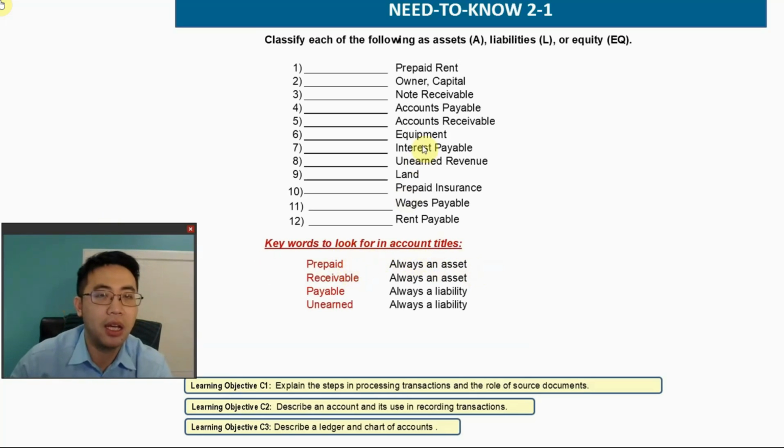You have to memorize this. If anything is marked as prepaid, just like your prepaid rent, it's always an asset. Just like you pay your rent for the next 12 months, or maybe the next 12 years. If you have paid it all, you have a prepaid rent under your assets. That's definitely a plus for you. And receivables basically mean the money you're going to receive in the future.